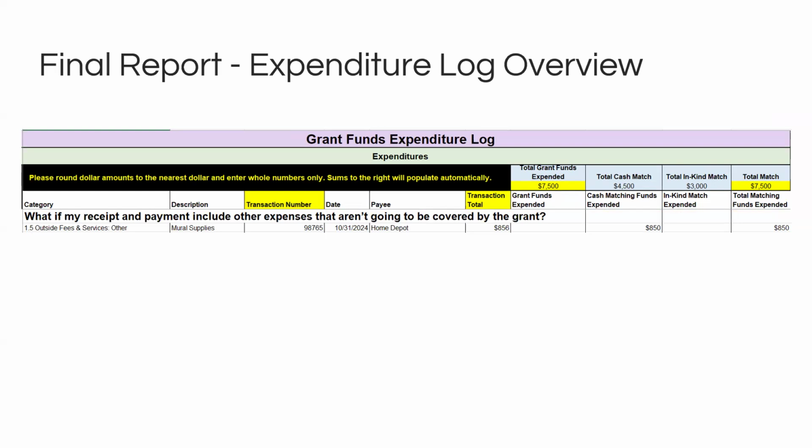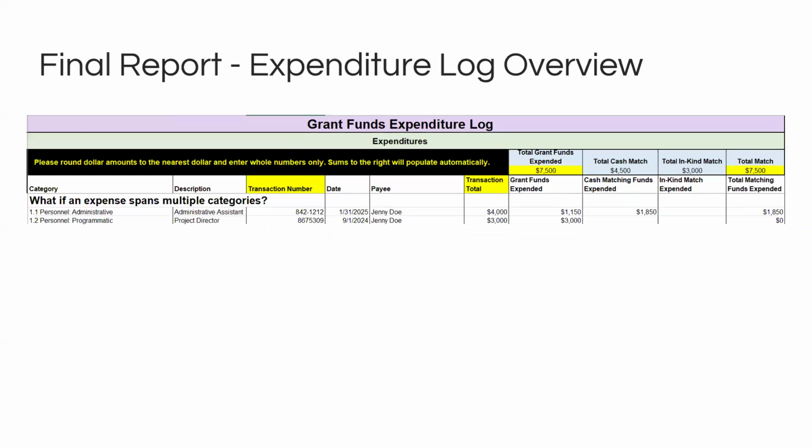Since extra items you bought at Home Depot in this example aren't part of your grant project, you would put the total receipt amount in the total transaction of $856 here and only claim $850. Don't claim the other $6 of non-project items on your expenditure log.